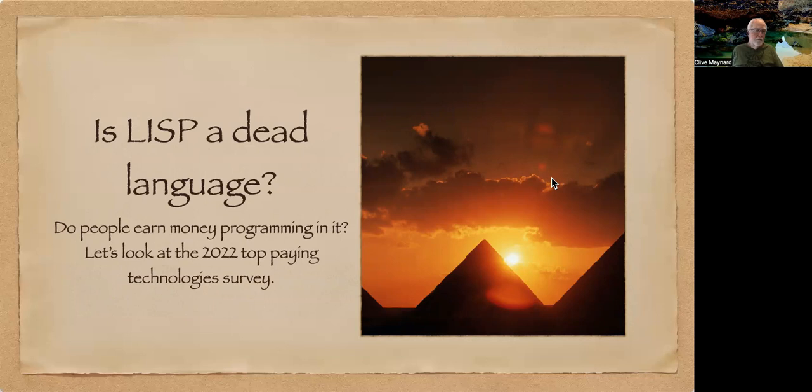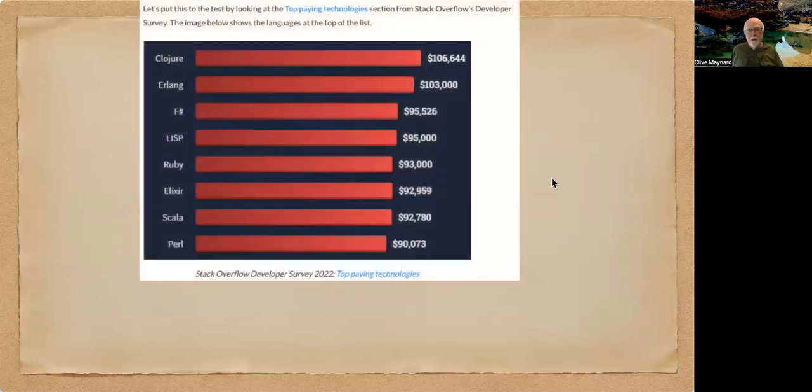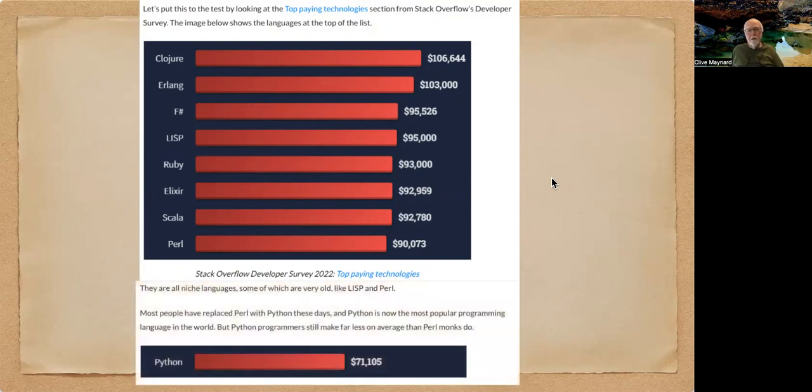If we look at the top paying programming technologies of 2022, and see the results, we'll see that Clojure gets the highest pay. Other languages run down there. The fourth one down is Lisp at 95,000. And we get down to Perl at 90,000. Where, you might ask, is Python? Python's down here at about 71,000.